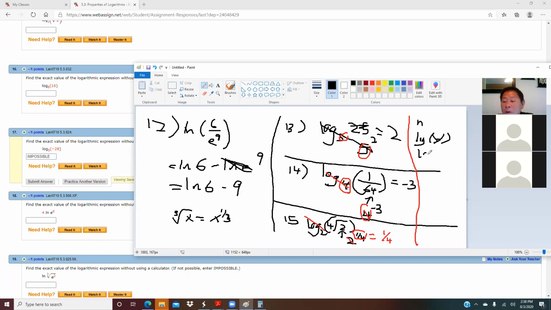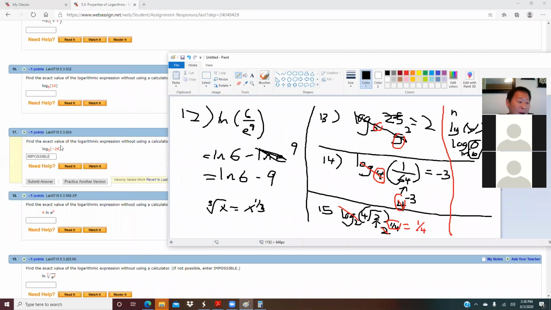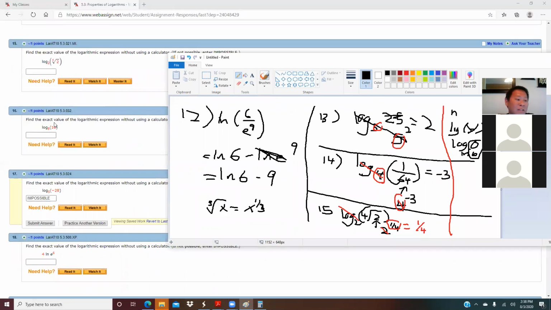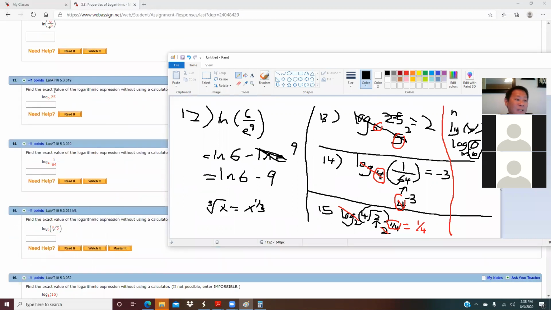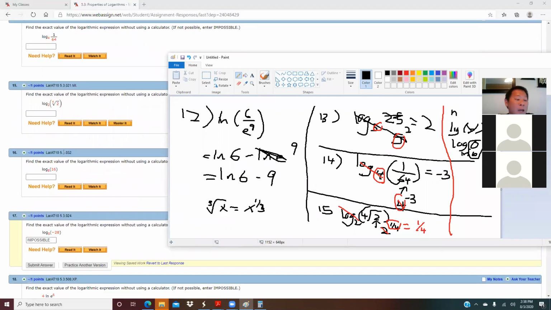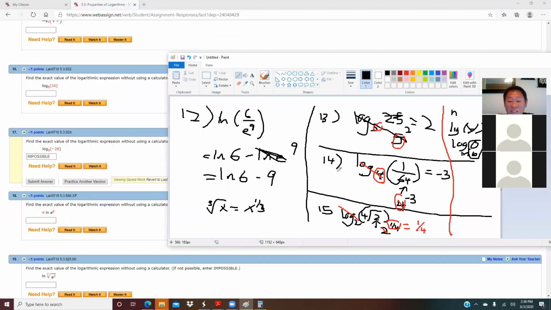How about 0? Log 0. What is log 0? I don't care about the base. Log 5, log e, log whatever, ln 0. What is log 0? Ln 0 is, again, for zeros, yeah, you're correct, Josh. It's impossible. So make sure you guys understand that if your argument here is negative or 0, it's impossible. If it's positive, like all these numbers are all positive, I don't care, it's a fraction or whatever you have, you can find it, okay, like what we just did over here.